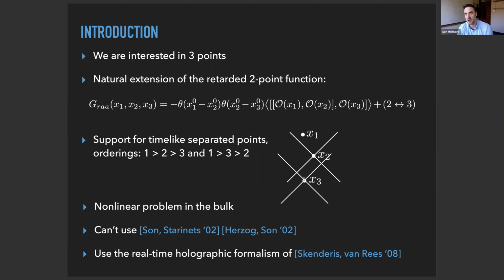However, what we'll find is something that looks very similar to Son-Starinets for 3 points. So when you look at 3 points, we'll do perturbation theory in the amplitude of our bulk field, obviously. So leading order will have some linear response calculation. That linear response calculation will have ingoing boundary conditions. And then the question is, what do we do for the nonlinear correction to that, which depends on this 3-point coupling?